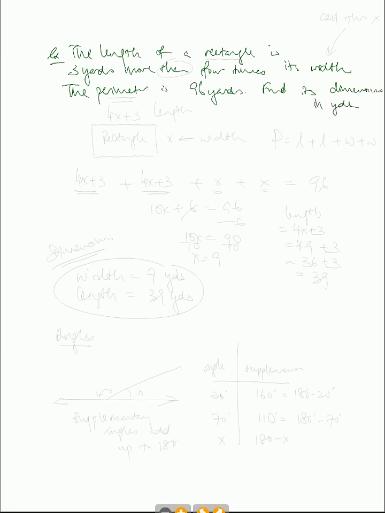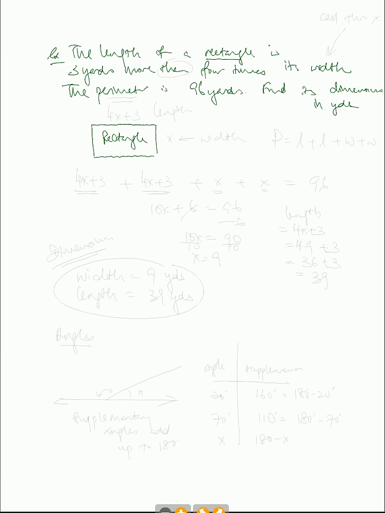If you look at this question, anytime you do geometry, I think it will be easiest if you draw a picture. So this is an example of a rectangle. There are two different sides in dimension, the length and the width.